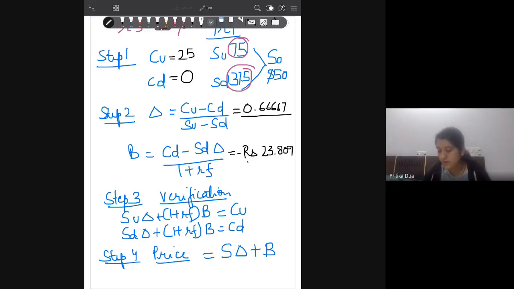In the last step, you calculate the value of the call option, and it is coming to, S will be your $50. S 0 basically.